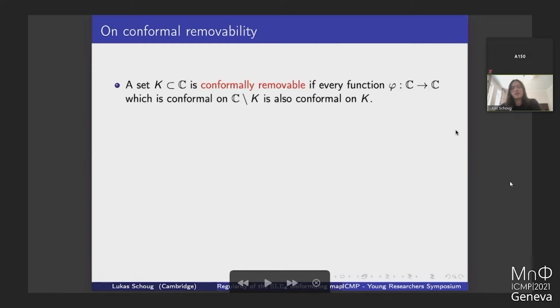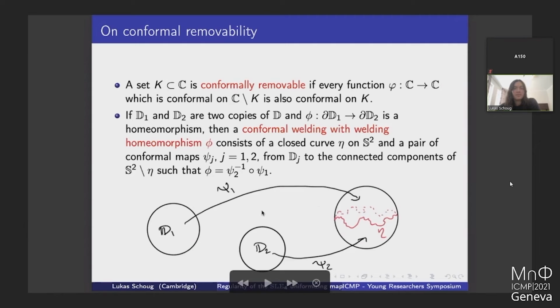So say that a set K, a subset of the complex plane, is conformally removable if every function phi from the complex plane into itself which is conformal outside of K is also conformal on K. So basically this says that the set K is not too big, because it cannot mess up the map too much: being conformal outside of it implies being conformal in it. And this is important when talking about conformal welding.